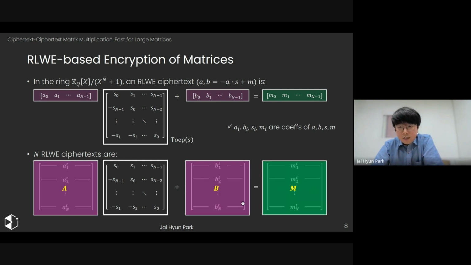So this means that if you want to encrypt a large matrix M, encrypting each row of the given matrix corresponds to a matrix equation like this with some Toeplitz structure. So n ring LWE ciphertexts A and B decrypting to M means that they satisfy this structured matrix equation.